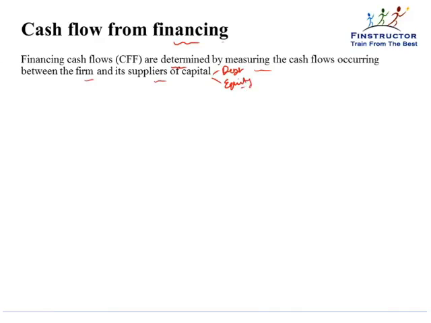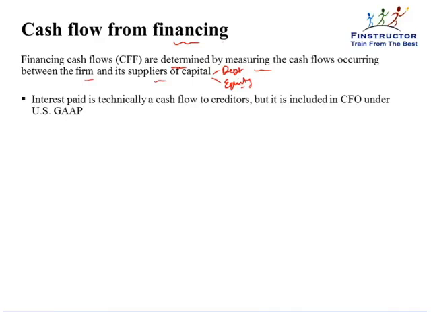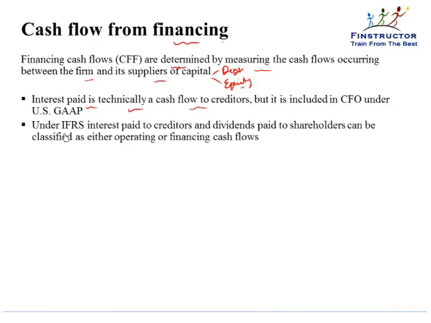In calculating cash flow from financing, be careful that interest paid is technically a cash flow to debt holders, but in US GAAP it is included under cash flow from operations, and we said earlier that unless otherwise specified, we will assume interest paid is a cash flow from operations. Under IFRS, both interest paid to debt holders and dividends paid to shareholders can either be classified as operating or financing at the discretion of the management.